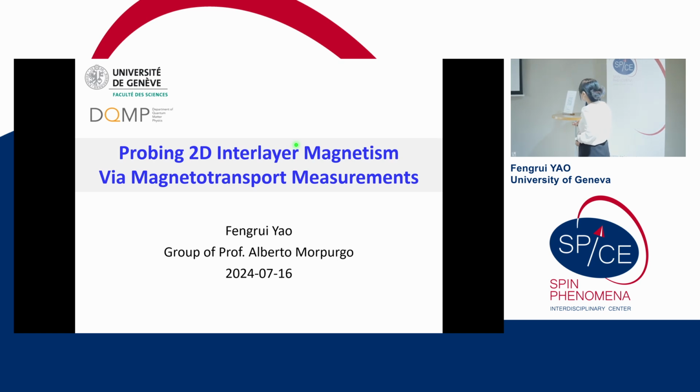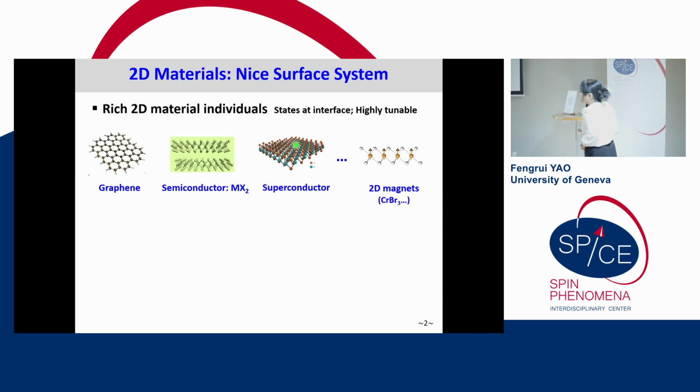As we all know, in the last few years we have seen a lot of expansion of the 2D family, especially the 2D magnets. It allows us to explore magnetism down to the monolayer. And since in these 2D materials the states are almost all at their interface, their properties are highly tunable.